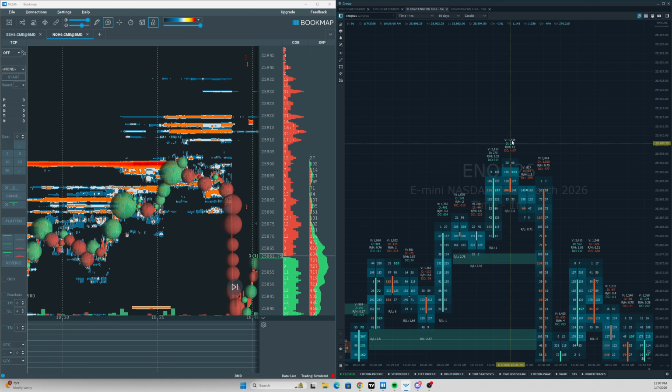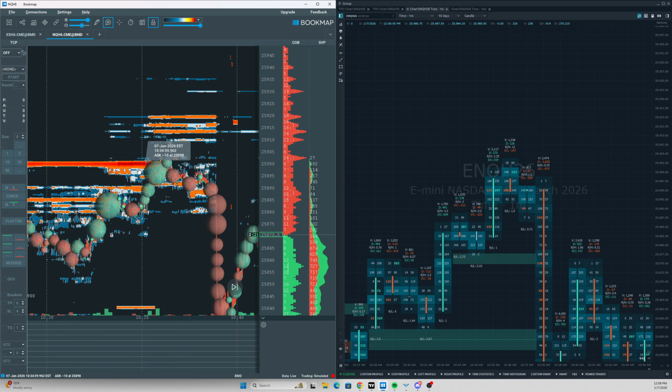So if there's green delta on a red, bearish candle, what's that saying? It's saying there were more buyers, but we closed red. These orders are getting absorbed by some seller up here. So I was like, okay, that's where I enter my position. Keep it simple: I saw absorption up here, a big green bubble saying buyers want to push this up. If it's not moving up at this key level, then something's happening.